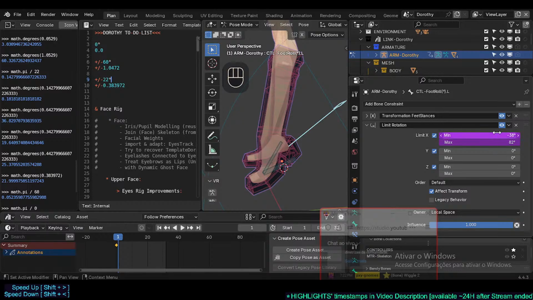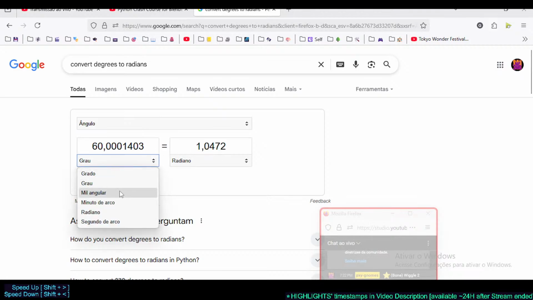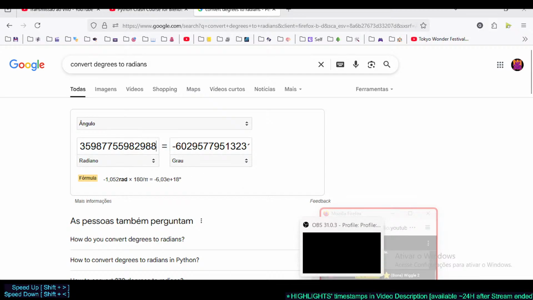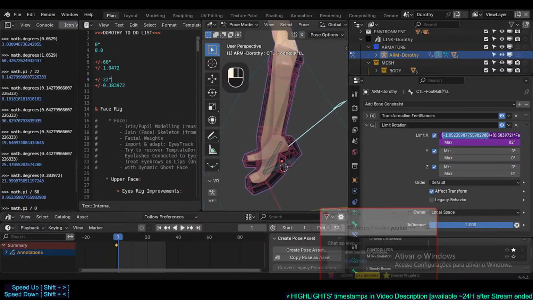I don't remember what this is. I'm gonna check directly here. Oh yeah, so this is the negative 60. That's just this one, yeah, whatever. Let's just use this one here.